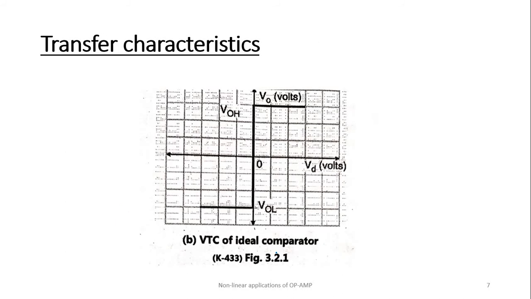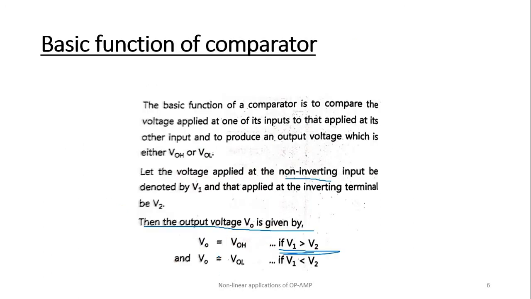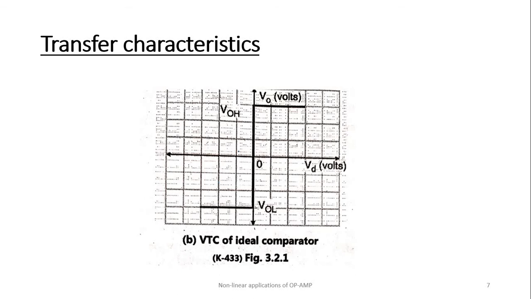This is the transfer characteristic. The voltage transfer characteristic of an ideal comparator is shown in this figure. It is a graph of differential voltage VD versus the output voltage VO. VD is the voltage difference between the input voltages.